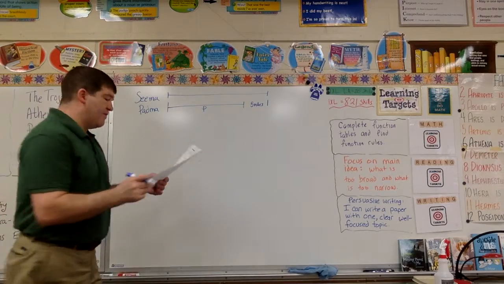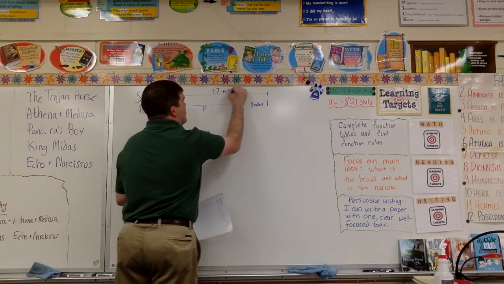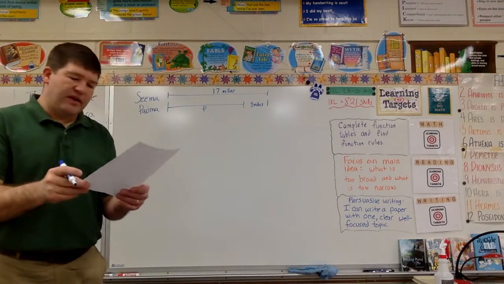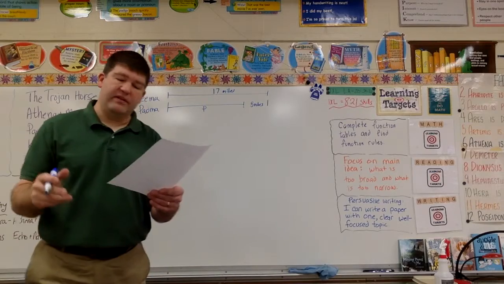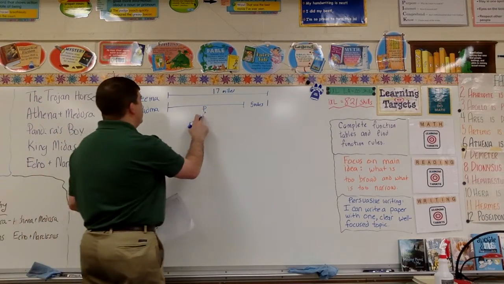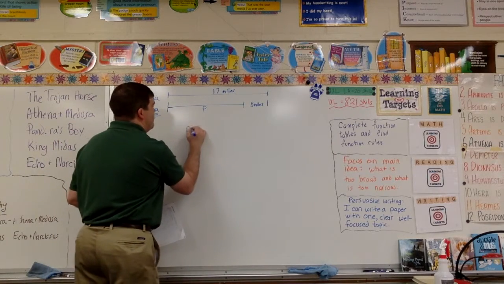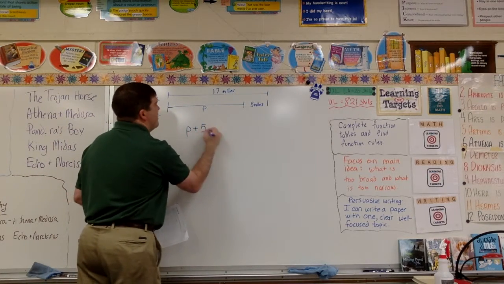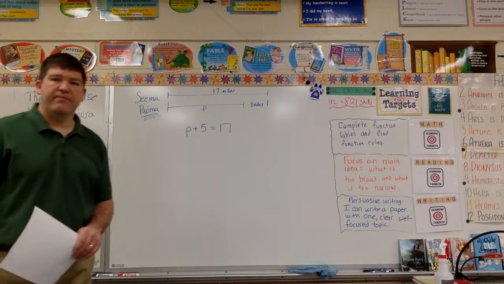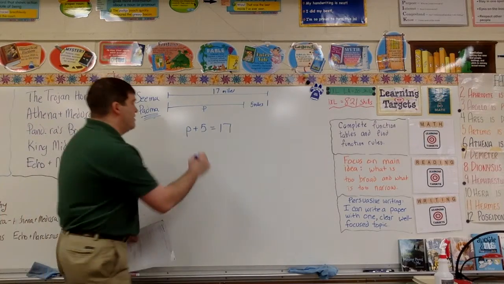If Seema runs 17 miles per week, which equation could be used to find the number of miles Padma runs each week? So, I know to find out how much she runs, it would be P plus 5 miles equals her sister's total of 17.